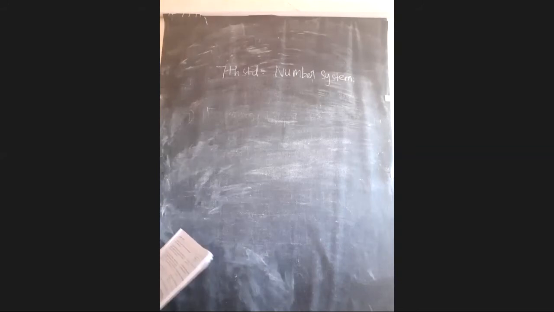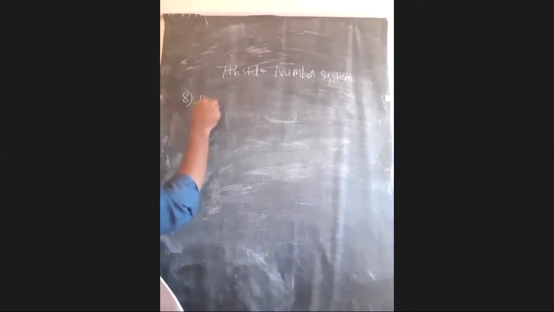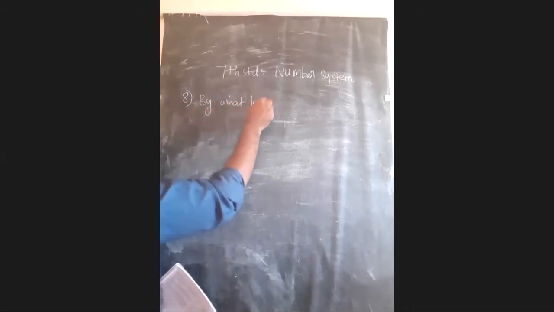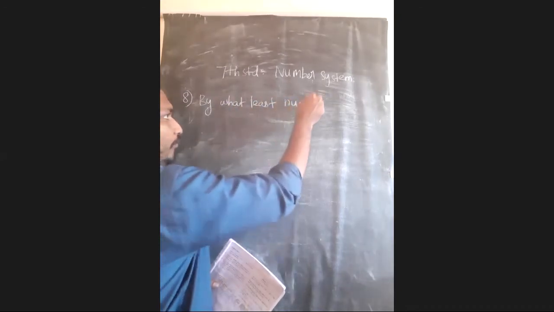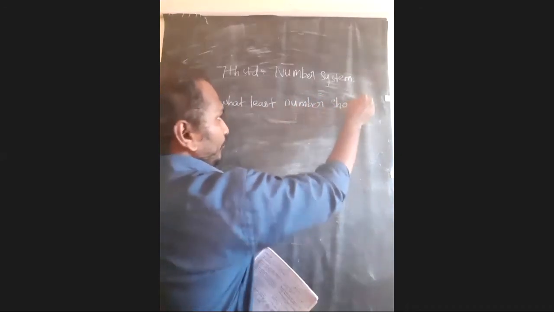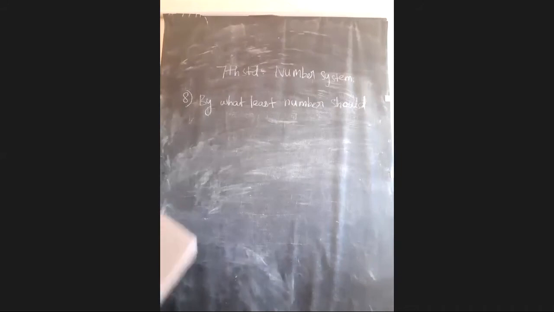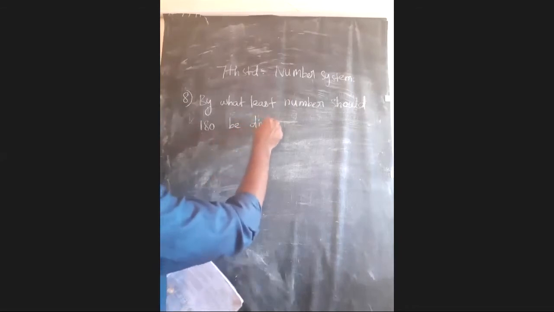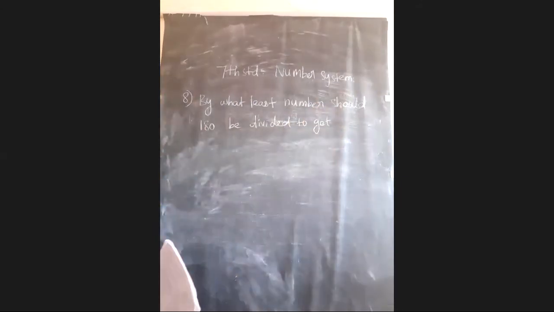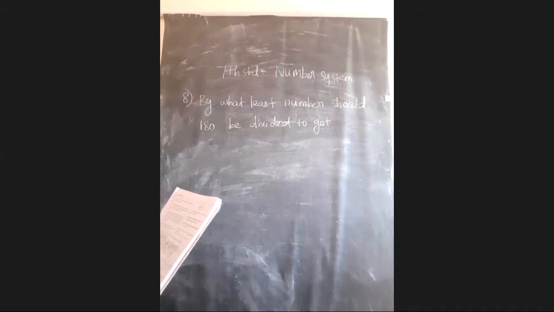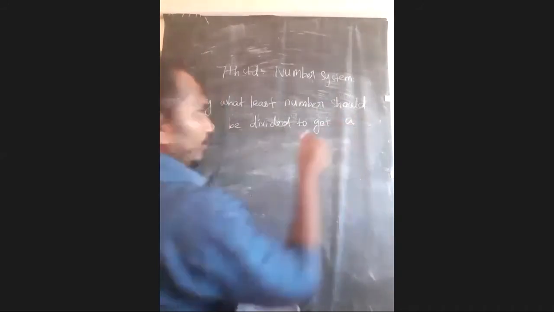Next, question number 8. By what least number should 180 be divided to get a perfect square?